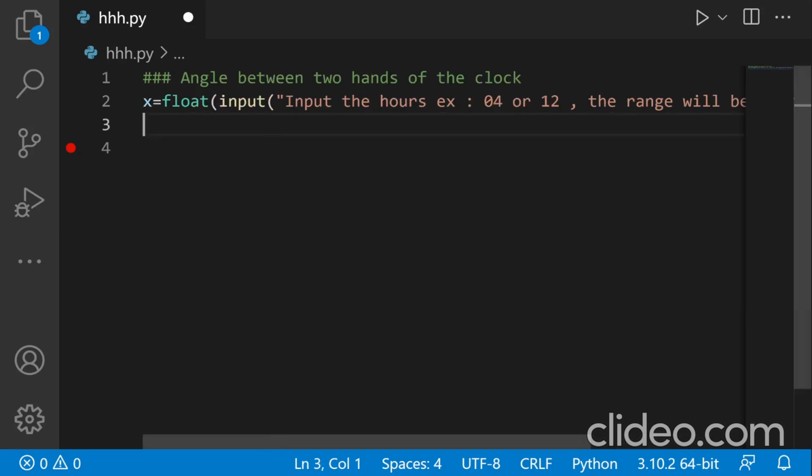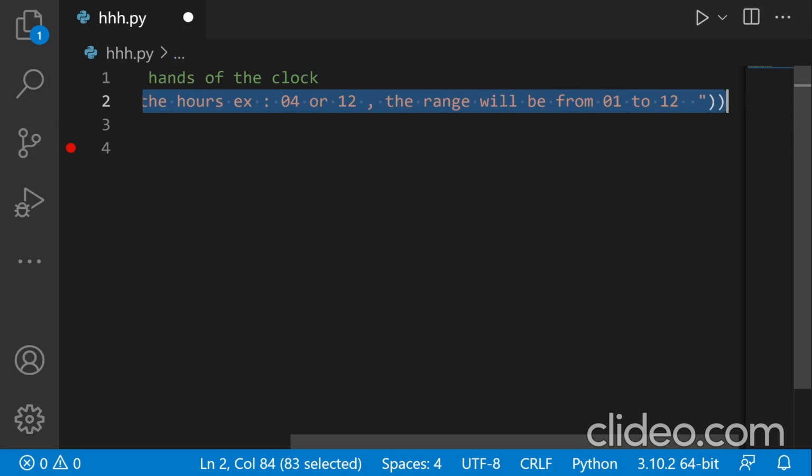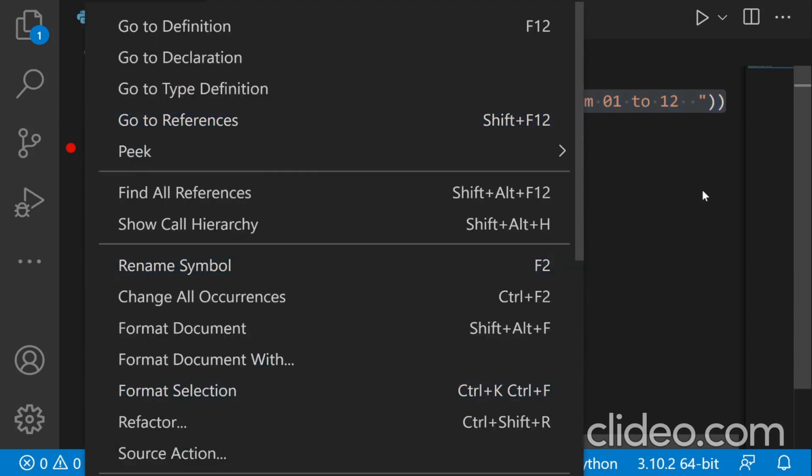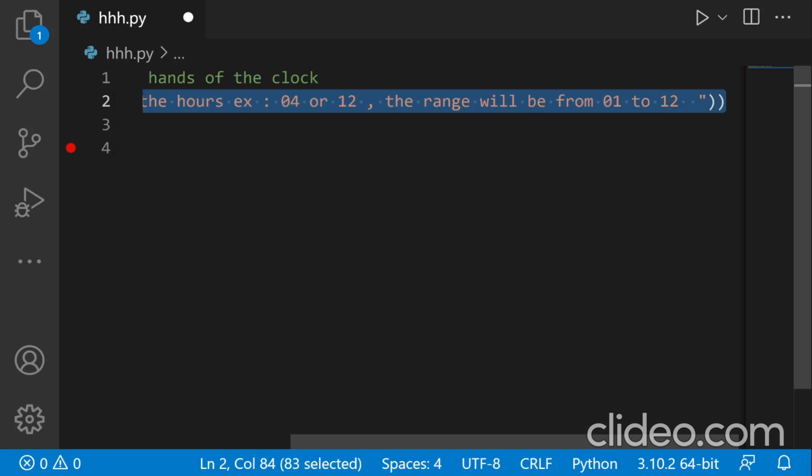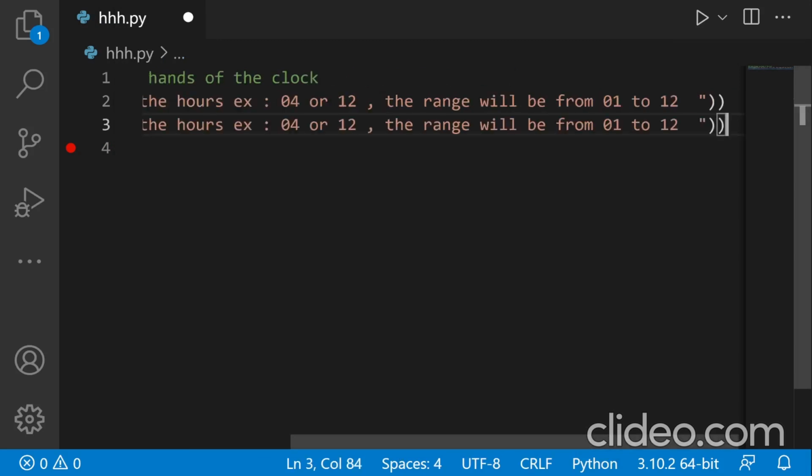Now, similarly, I need y. I will copy paste this. In this case, the range will be from 00 to 59.